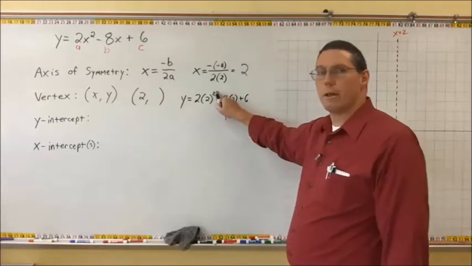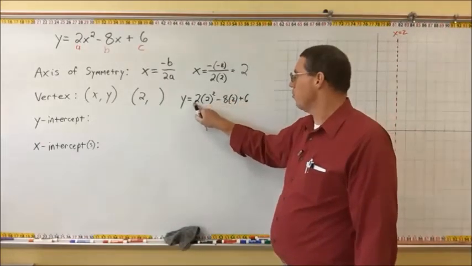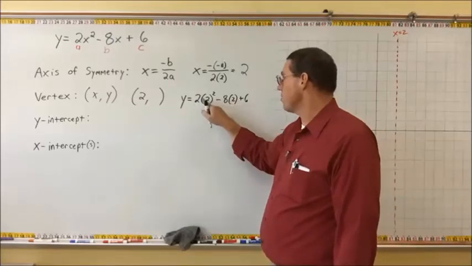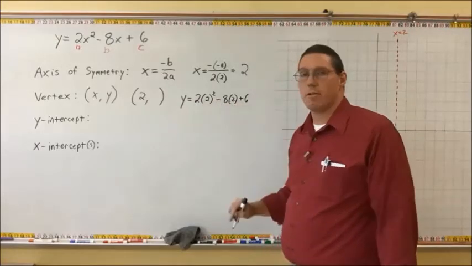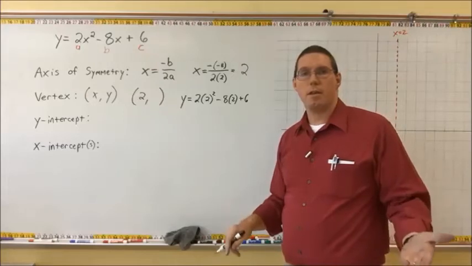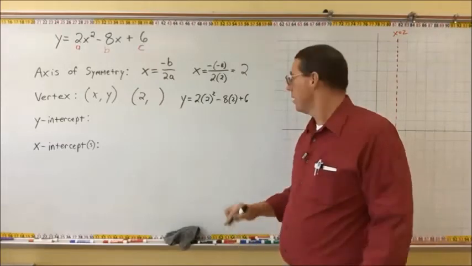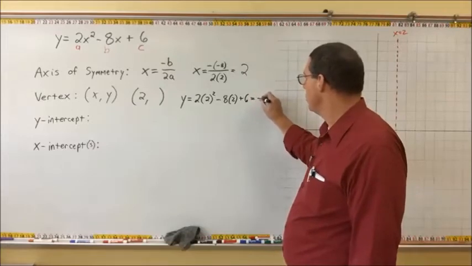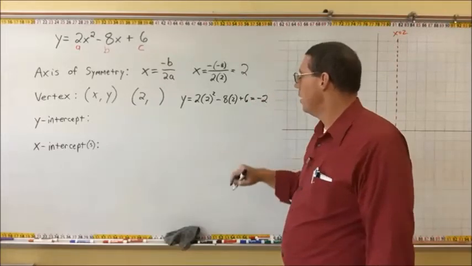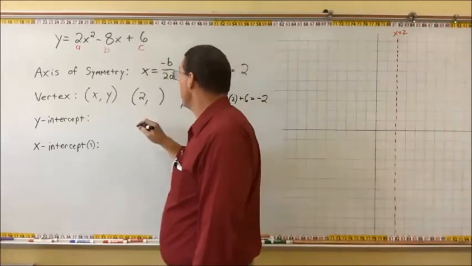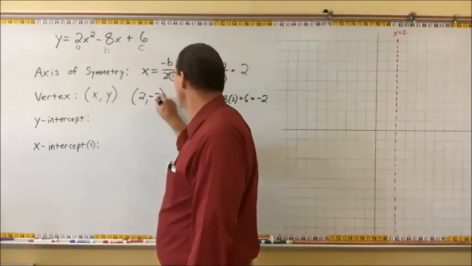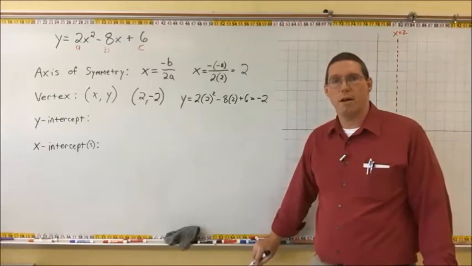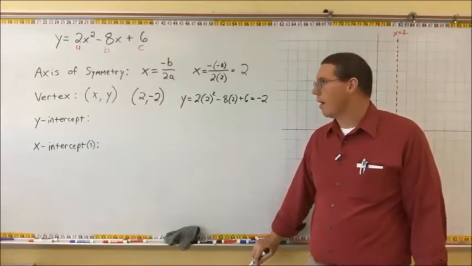Well, 2 squared is 4. 4 times 2 is 8. 8 times 2 is 16. So this is 8 minus 16, which is negative 8. Then we add 6 back, and it's going to be equal to negative 2. And so the vertex of this quadratic is at 2, negative 2. And that's how you identify the vertex of a quadratic.